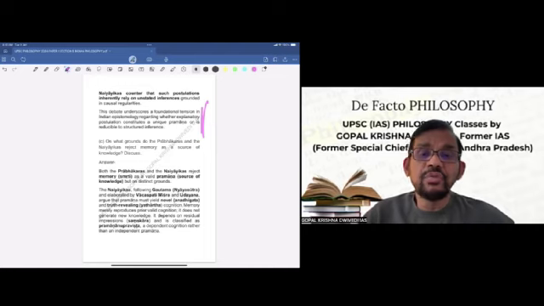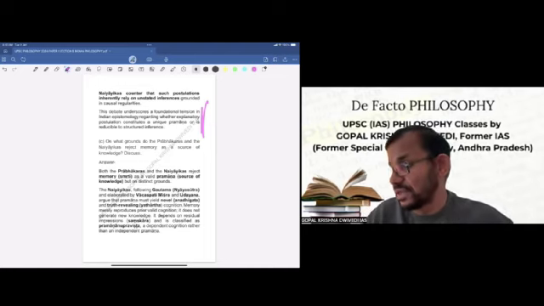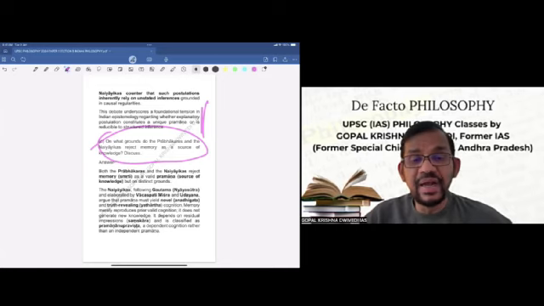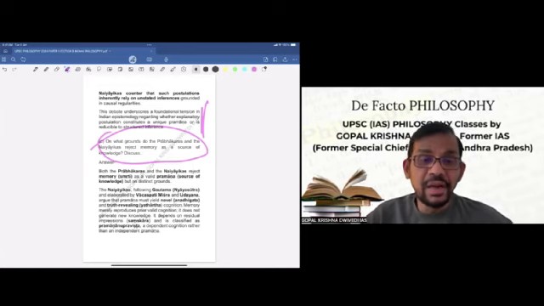Now we'll go to C part of this question. On what grounds do Prabhakaras and Naiyayikas reject memory as a source of knowledge? Discuss. Both the Prabhakaras and Naiyayikas reject memory, that is Smriti, as a valid pramana, a source of knowledge, but on distinct grounds. The Naiyayikas, following Gautama and elaborated by Vachaspati Mishra and Udayana, argue that pramana must yield novel and truth-revealing cognition.